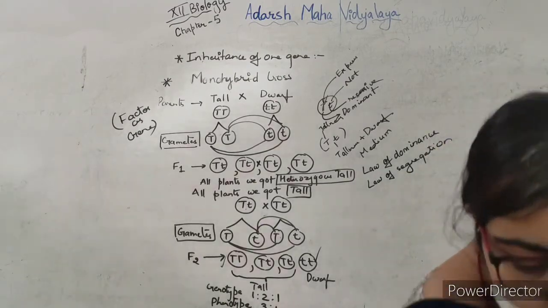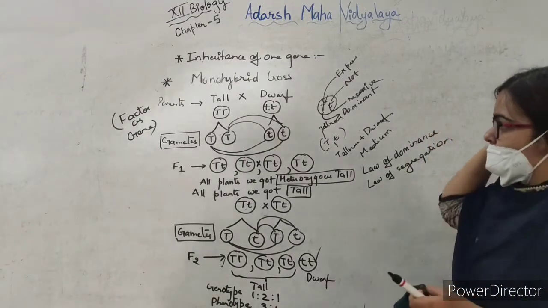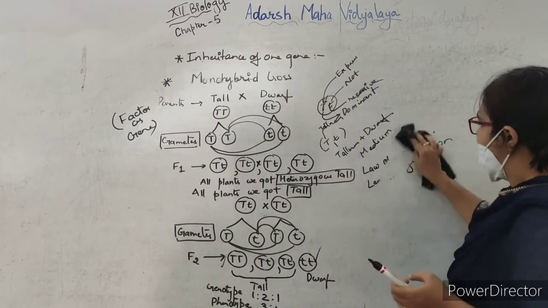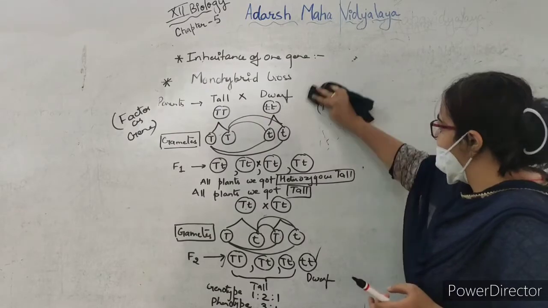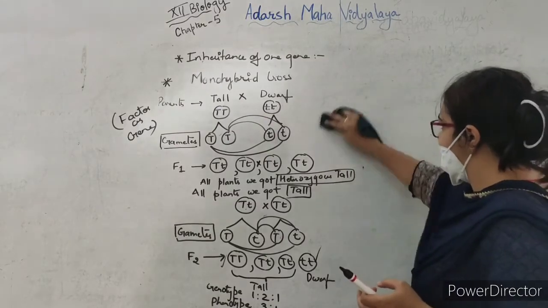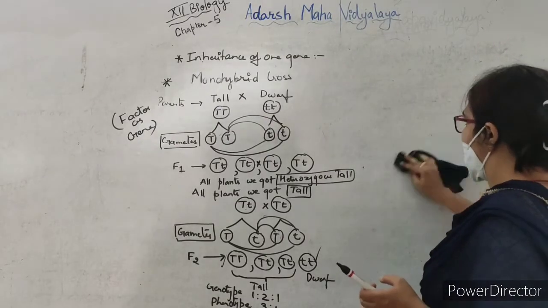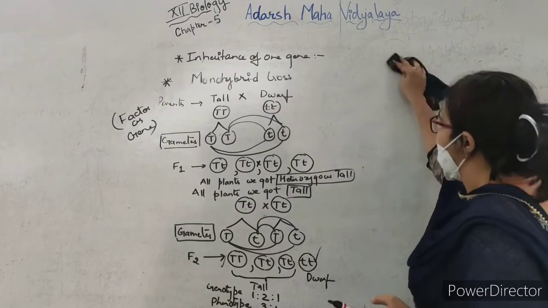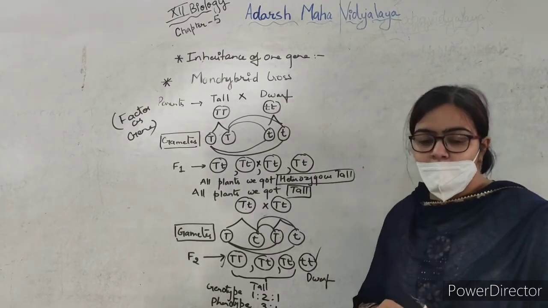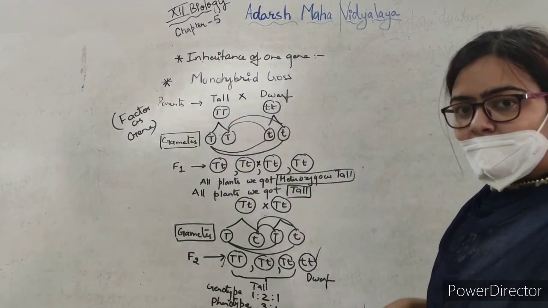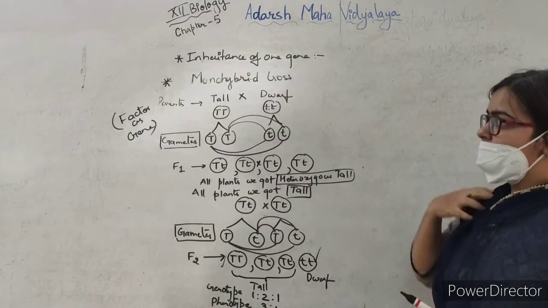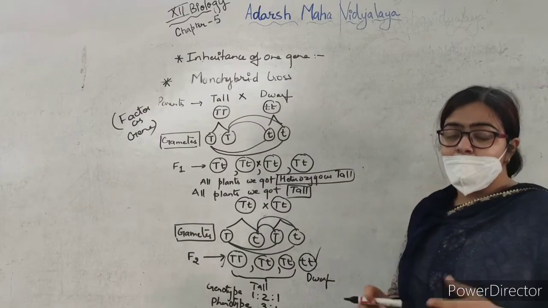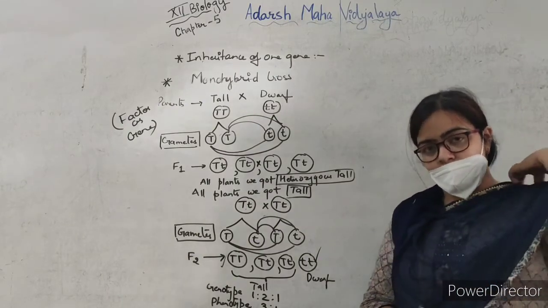Now we'll see a cross, which is the test cross. Now if I give you a flower, and I tell you that you tell me whether it is homozygous or heterozygous, you will not be able to get that. You will not be able to tell me what is the genotype of that flower, because genotype is not visible to us.